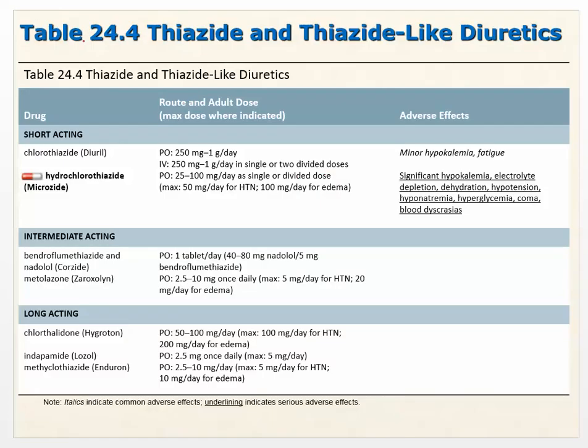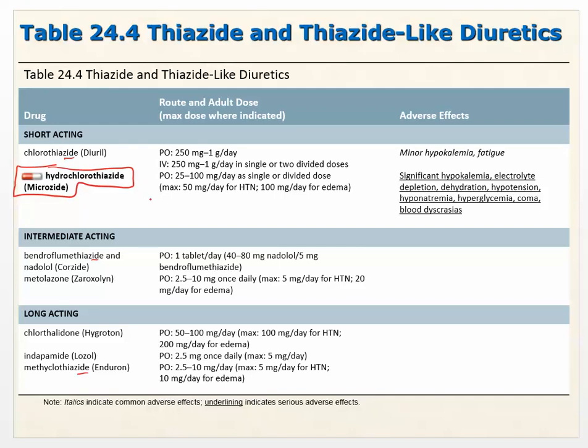All right, so again, here we have the table, thiazide and thiazide-like diuretics, and your prototype drug is going to be hydrochlorothiazide or Microzide. A lot of these have the zide endings, not all of them, but a lot of them do. Chlorothiazide.